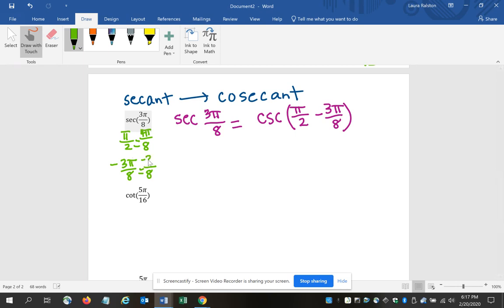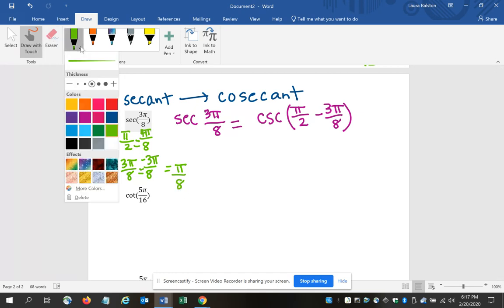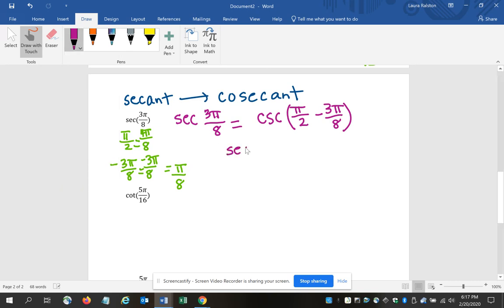Times 3 pi is minus 3 pi. So 4 pi minus 3 pi gives me positive pi eighths. So that tells me that the secant of 3 pi eighths is the same as the cosecant of 1 pi eighths. Okay?